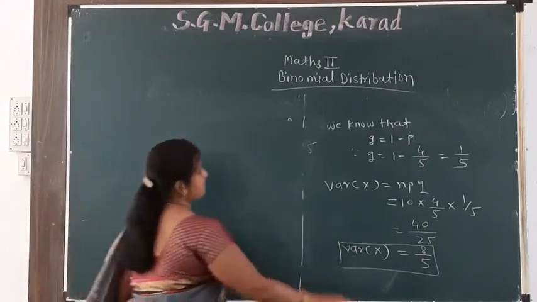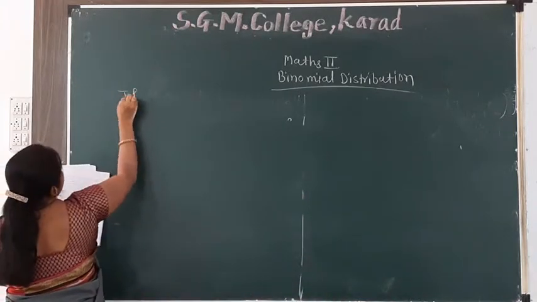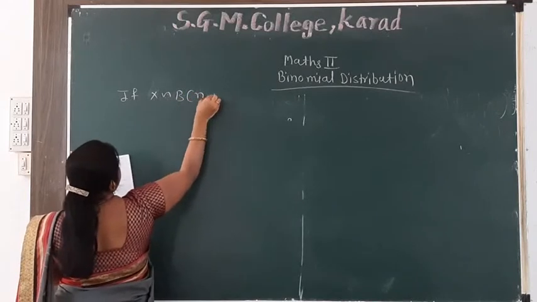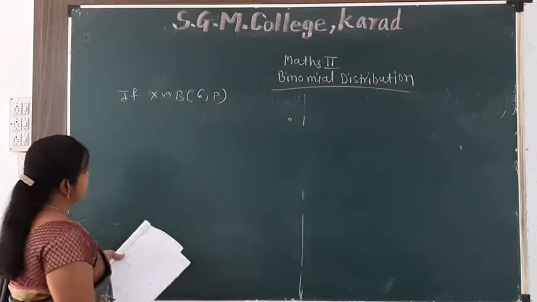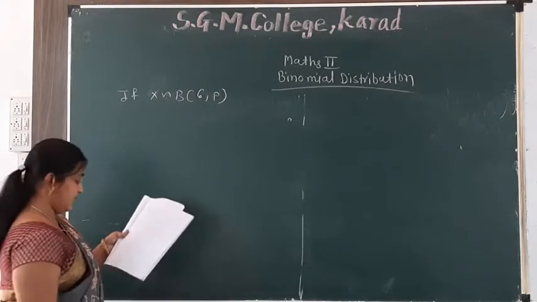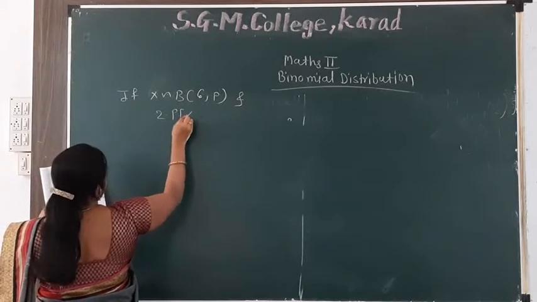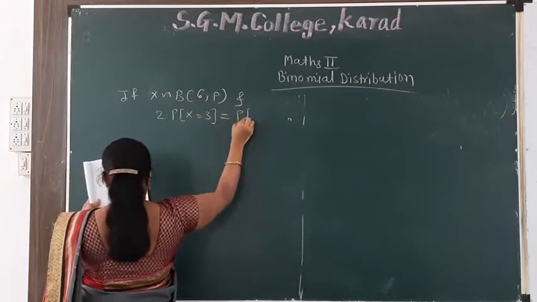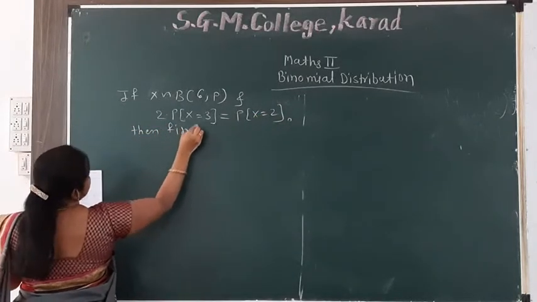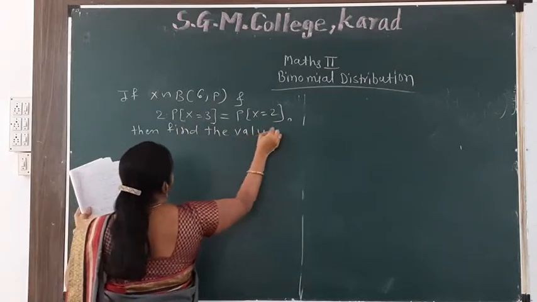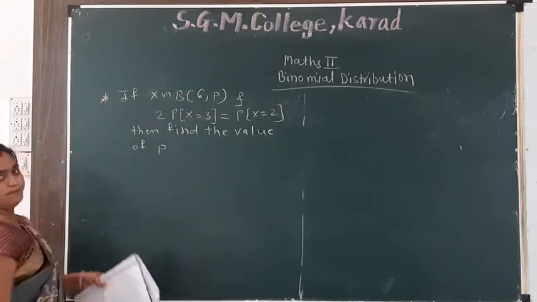The problem is: if X follows a binomial distribution with parameters n and p, where n is given as 6, and 2 multiplied by P of X equal to 3 is equal to P of X equal to 2, then find the value of p. This is my last problem.